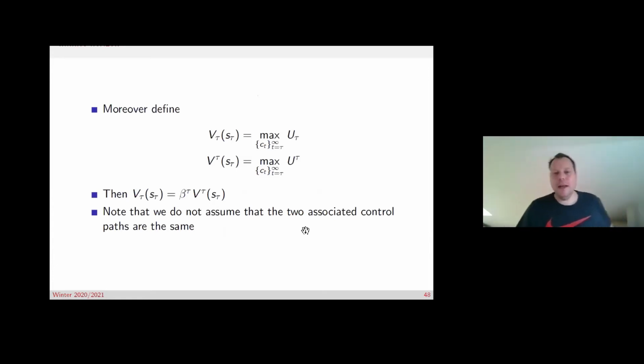So you define the control sequence that maximizes your utility streams, for example, in 5 years, as seen from today. Okay, and the other thing is you maximize your utility stream in 5 years, being in a situation in 5 years.